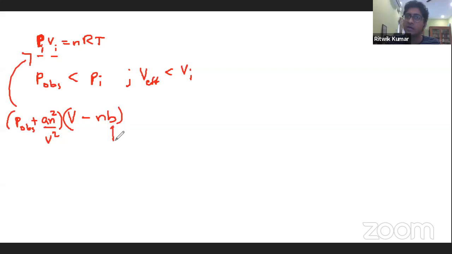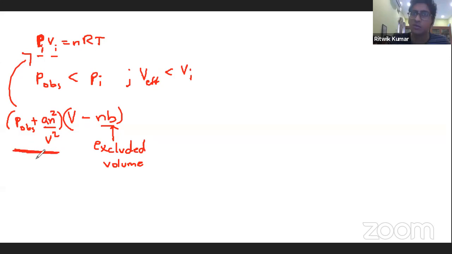B corresponds to the volume of a particle, so nB represents the excluded volume. They are not point masses and they do have intermolecular force of attraction. So this entire term, when you correct for the observed pressure, will indicate the ideal pressure. Meaning, if it were an ideal gas, this is how much pressure it would exert. Is it clear what the correction actually means?